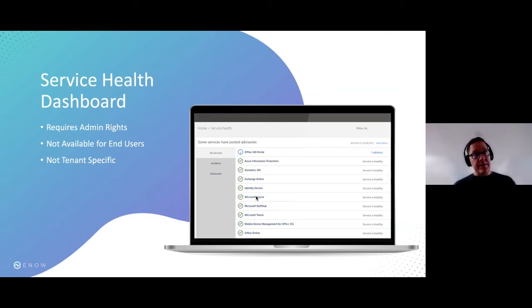Several years ago, it was just: somewhere in your continent, in your region, there's an Exchange Online issue. Now it's a little more targeted. But at the end of the day, as the admin, when you see that there's an Exchange Online issue, you really don't know, and you can't take that at face value that all your employees are impacted.